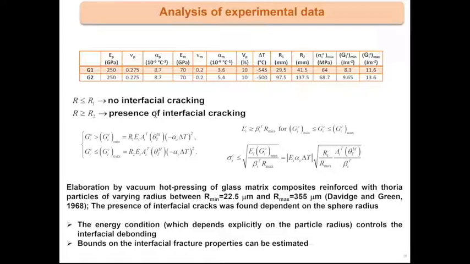If you say that you are in the energy control domain, this condition in terms of interfacial length should be satisfied, and you can also derive an estimation of the maximum interfacial fracture energy. So in this case, the identification of the interfacial fracture parameters is not complete, but you are able to derive some bounds.